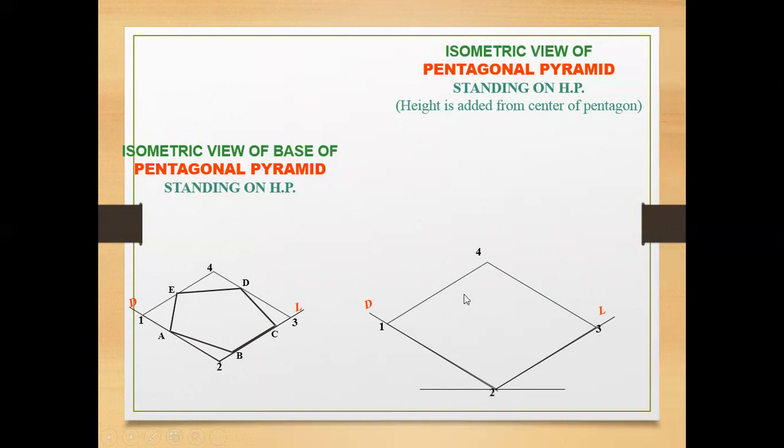From that point, draw a 30-degree line in D and L. Then take the measurement from 2 to 1, 2 to 3, and mark it here, and also from 3 to 4, or 1 to 4, and mark it here, and convert this into a square shape. And measure the points A, B, C, D, E from this square, and mark them here in the 3D view.